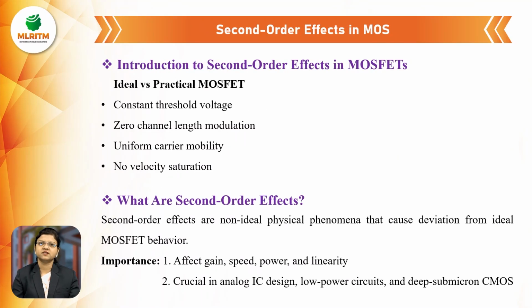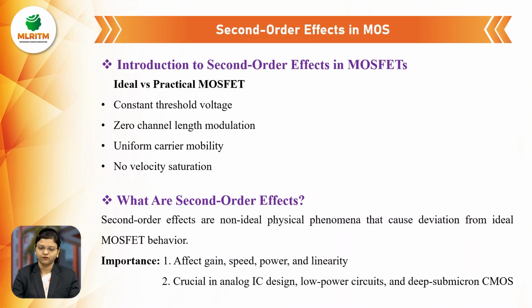Now, the first question is what we mean by an ideal and a practical MOSFET, and what we mean by second order effects. An ideal MOSFET means a constant threshold voltage. The threshold voltage is the minimum voltage required for the inversion of the channel, that is, the voltage at which the channel is created.